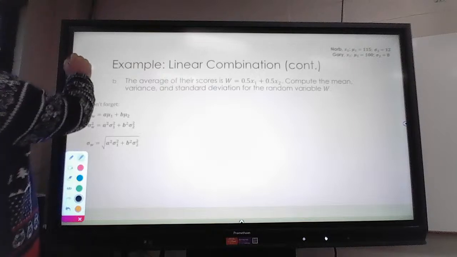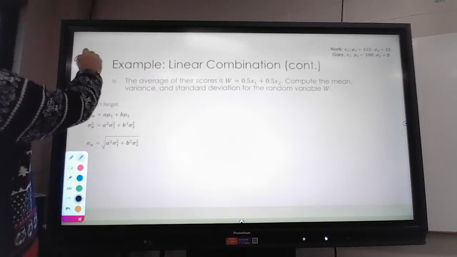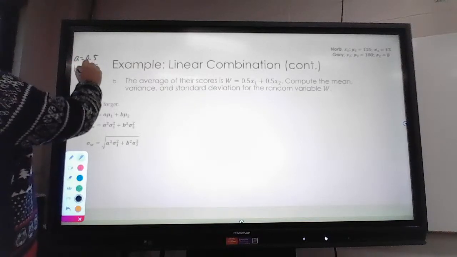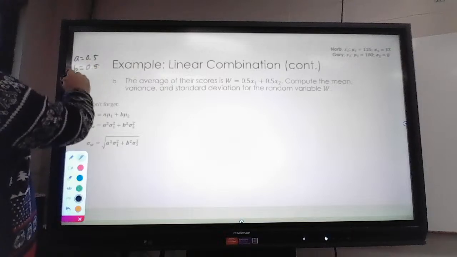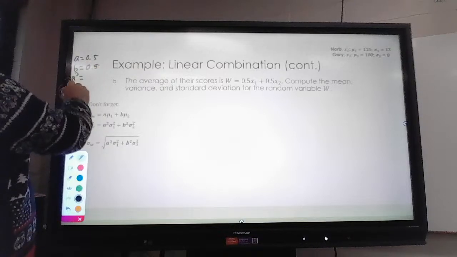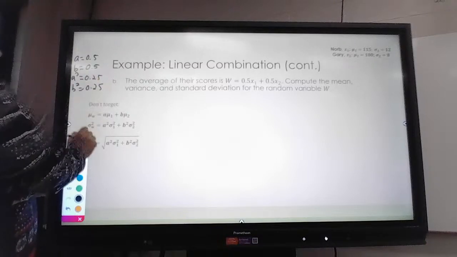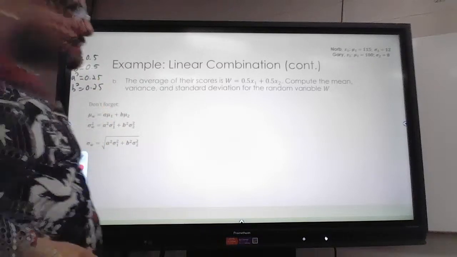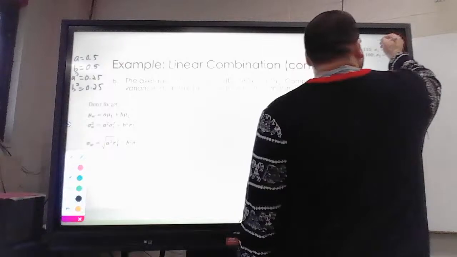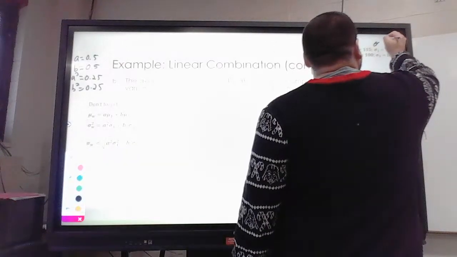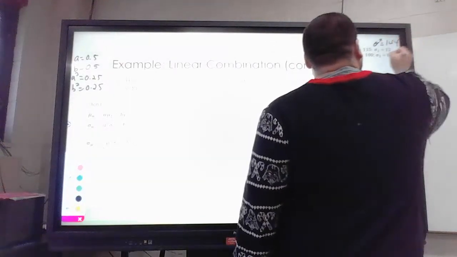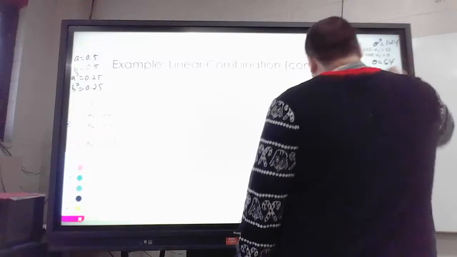So our a is going to be 0.5. Our b is also going to be 0.5, which means that a squared and b squared are going to be 0.25. And of course, we have the same variances. So this is going to be 144. This is going to be 64.